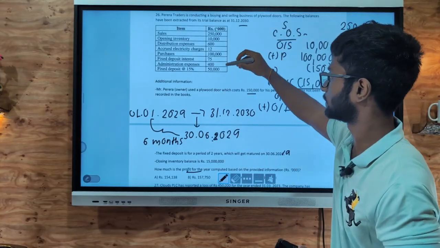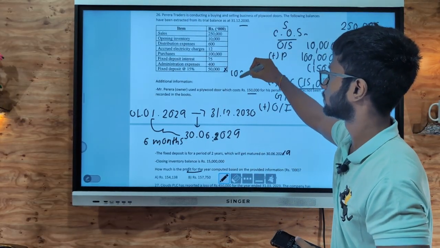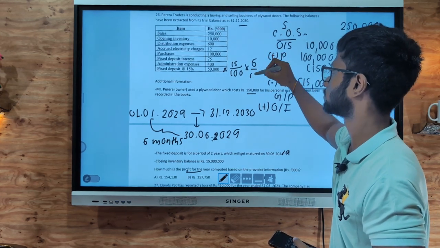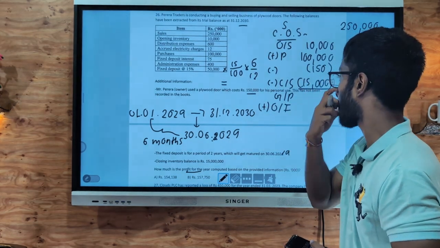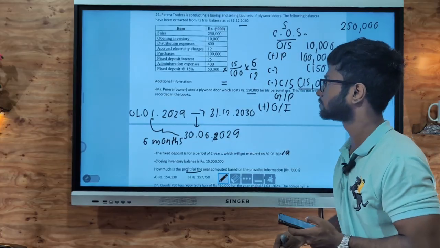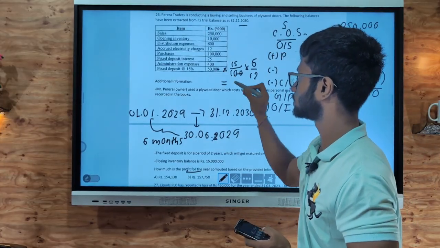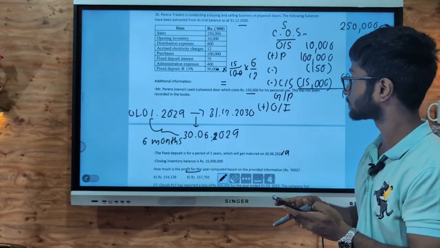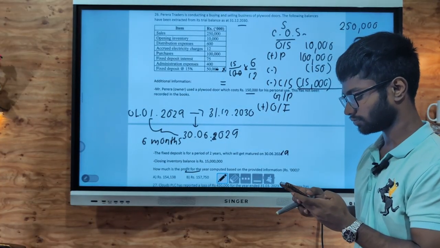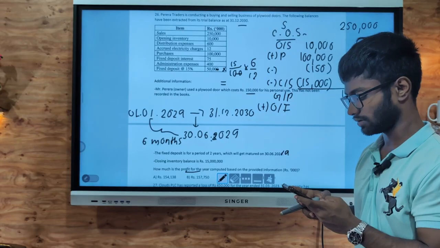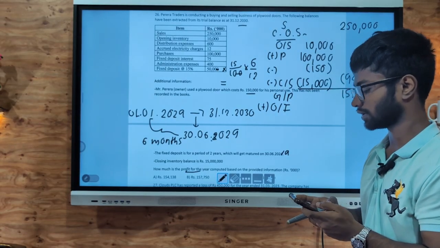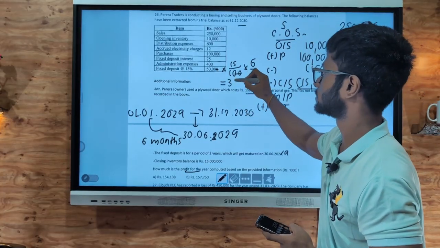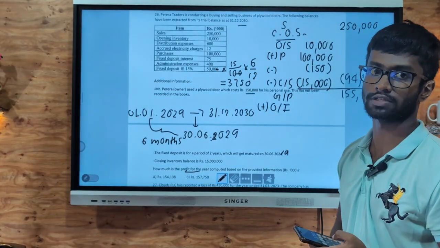So we know the rate, which is 50 into 15%, but you take it only for 6 months. So 15% you get, then cut these two zeros, 500 into 15 divided by 2. So check, you should be getting 3,750 as your interest.